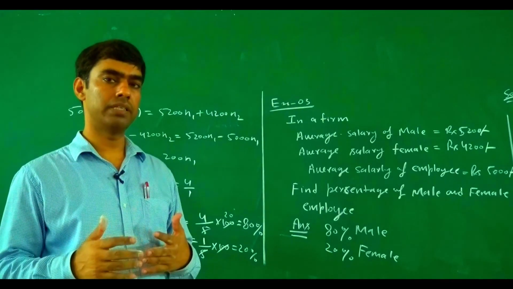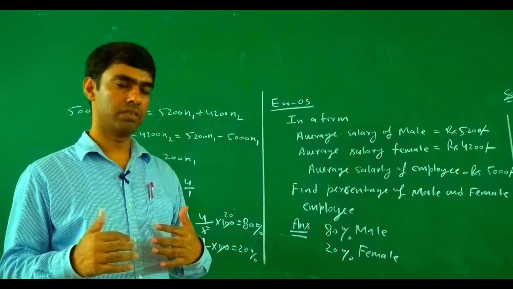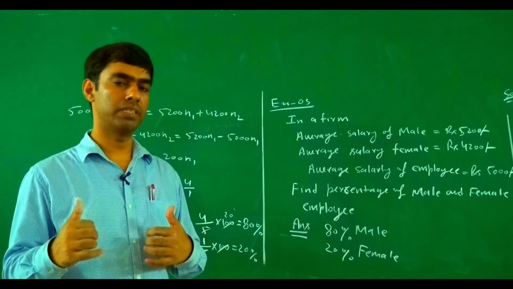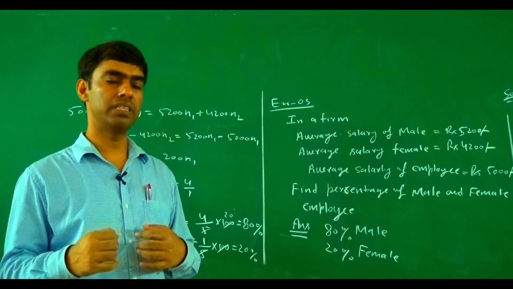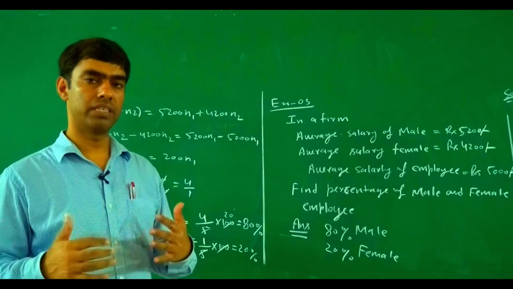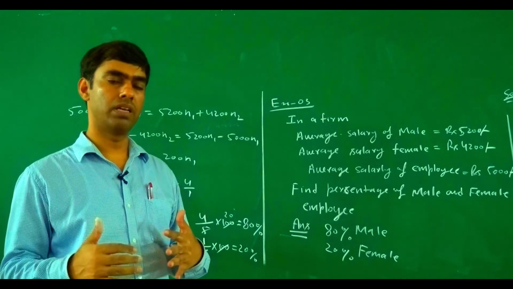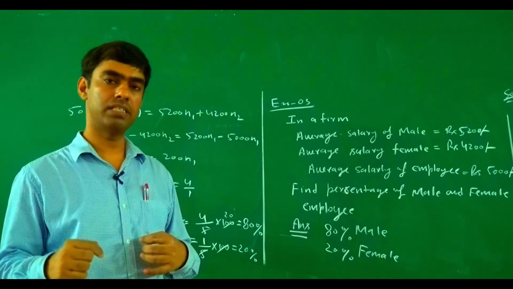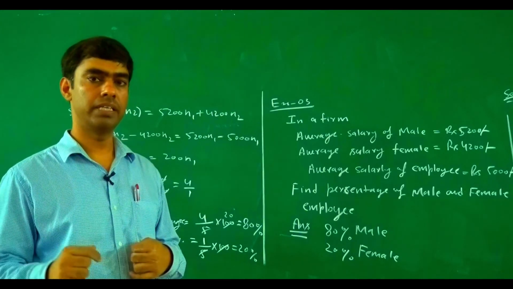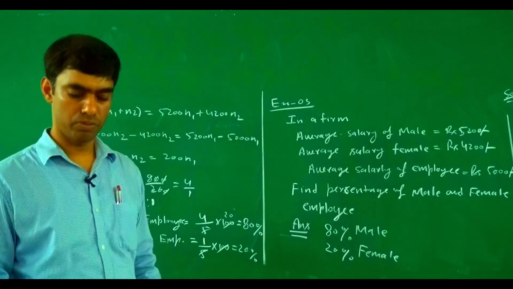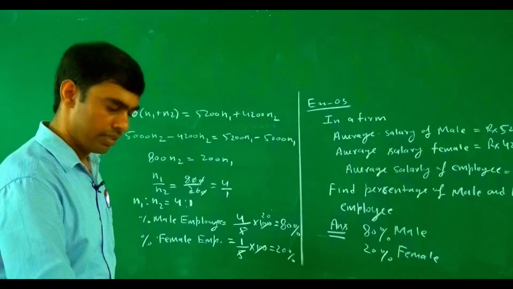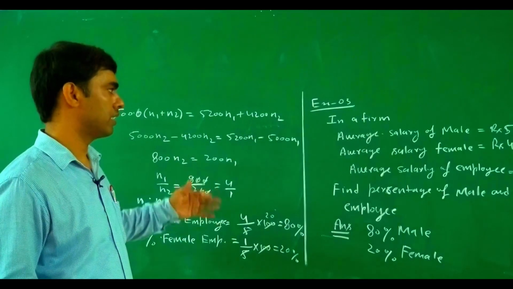For easier calculation, if we divide by h, denoted by zi equals xi minus a upon h, then x bar equals a plus h times 1 upon capital N summation of fi zi, and we are able to find the mean.